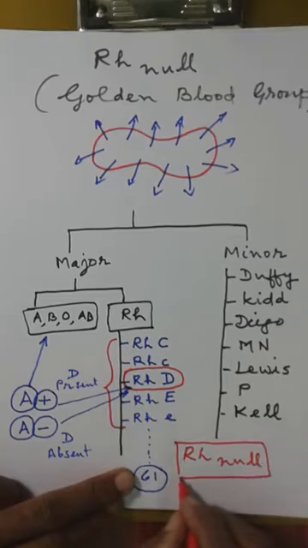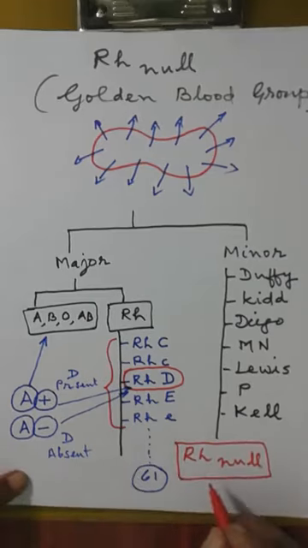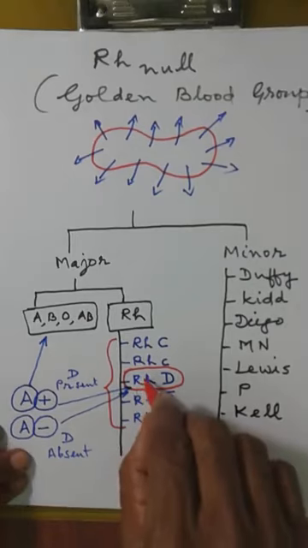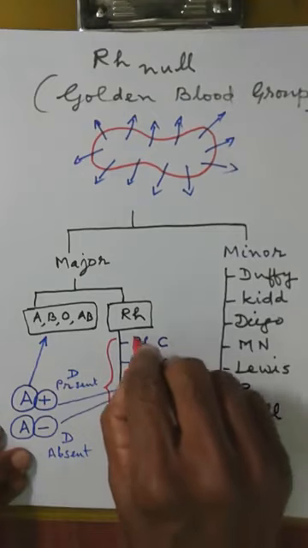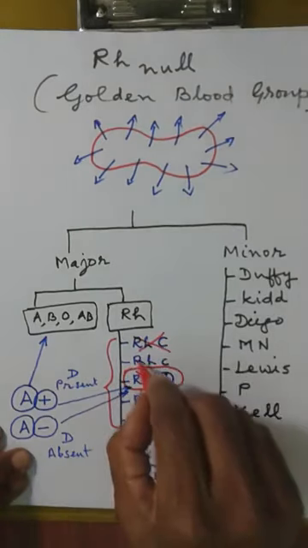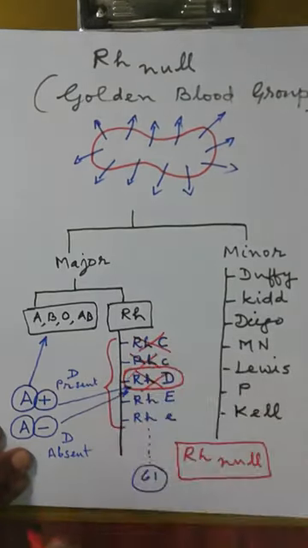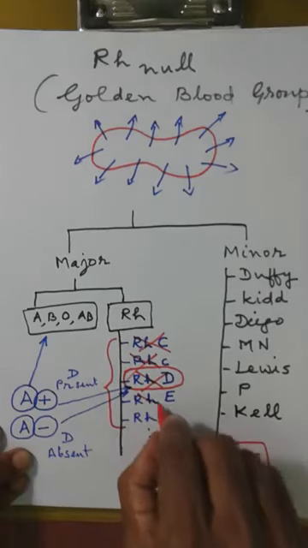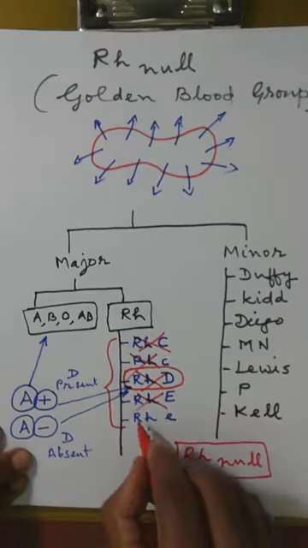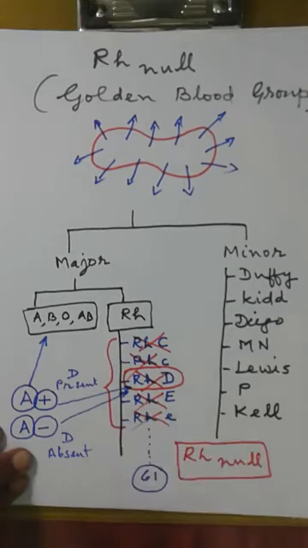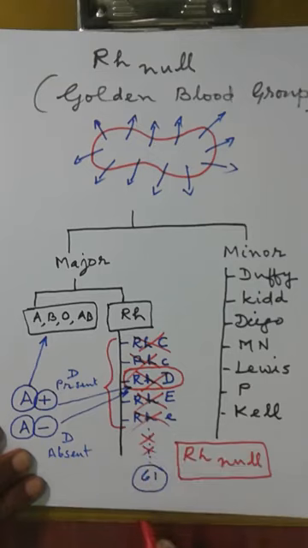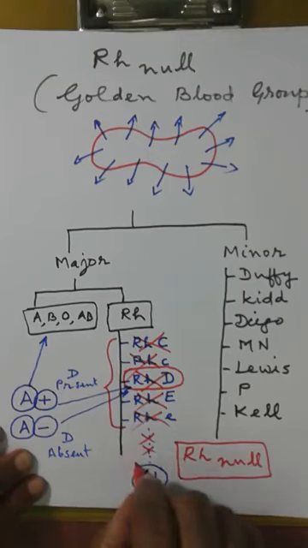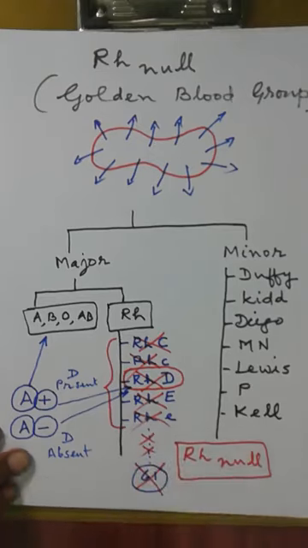what does it mean? In RH null, there won't be any D, there won't be any RH capital C, RH small c, no, RH capital E, no, RH small e, no, and also the others are all no. Totally 61 are absent.